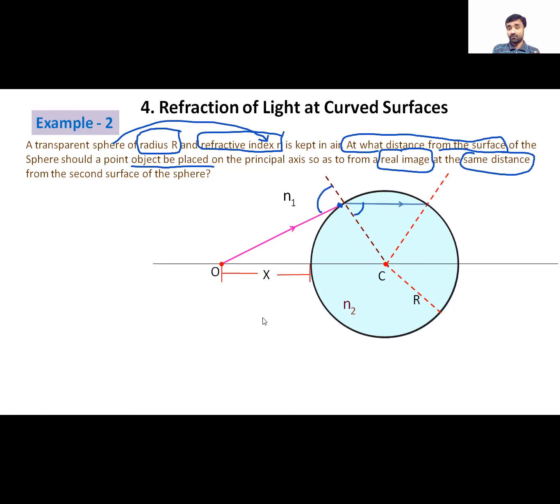So the ray after the first refraction becomes parallel to the principal axis. On reaching the second surface, it again changes medium from denser to rarer, so it bends away from the normal. For that purpose, I am assuming a certain angle here, and then the angle increases on the opposite side.